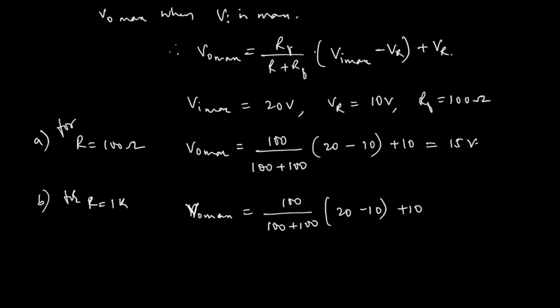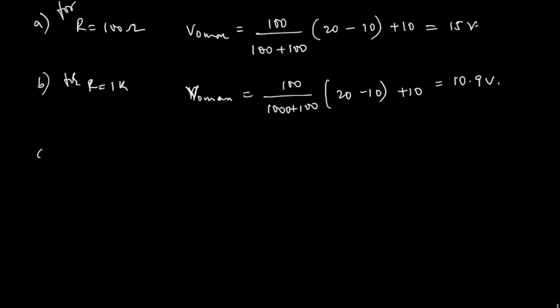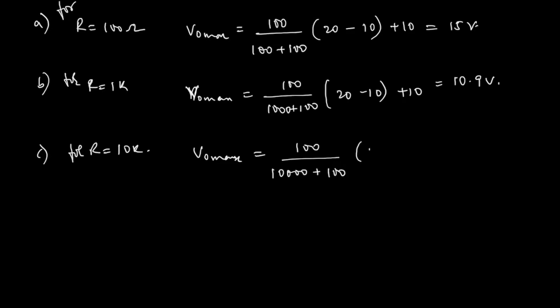It is 1k, right? So this is 1000. So what will happen? You will get it around 10.9 volts. Similarly for R equal to 10k, V naught max is 100 divided by 10k plus 100, into 20 minus 10, plus 10.